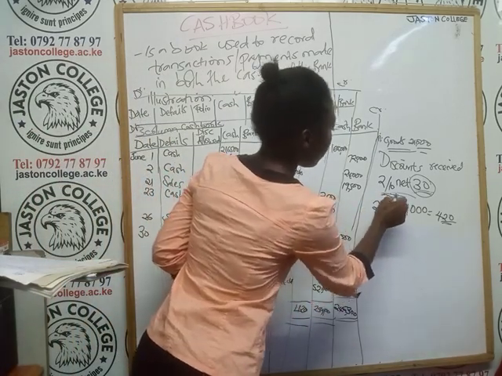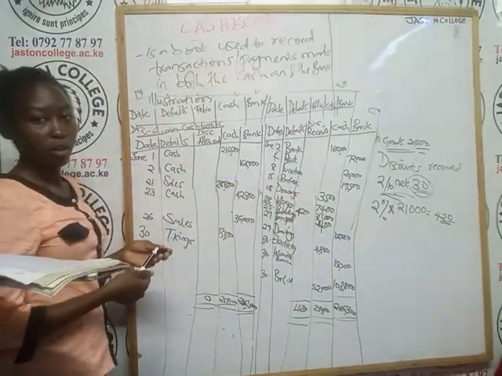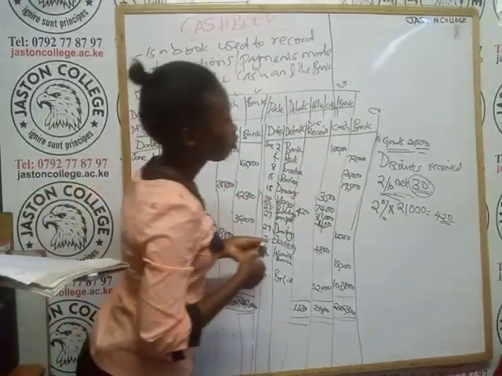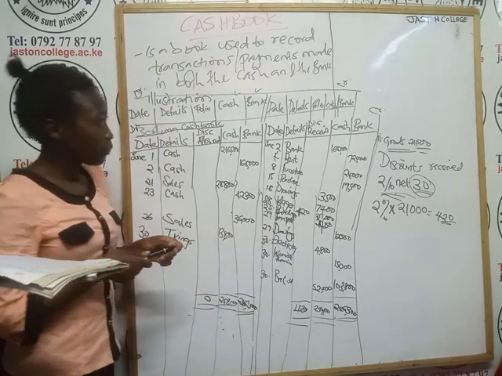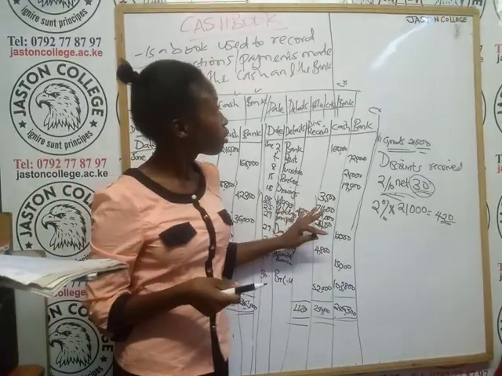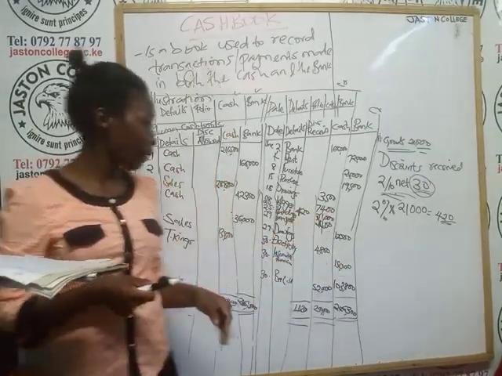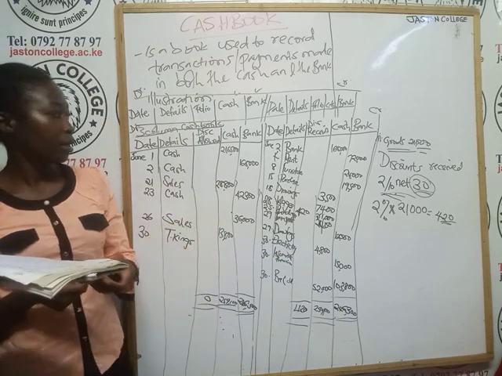That is the discount which is received, or the discount we should allow to our customers. So that was our cash book.